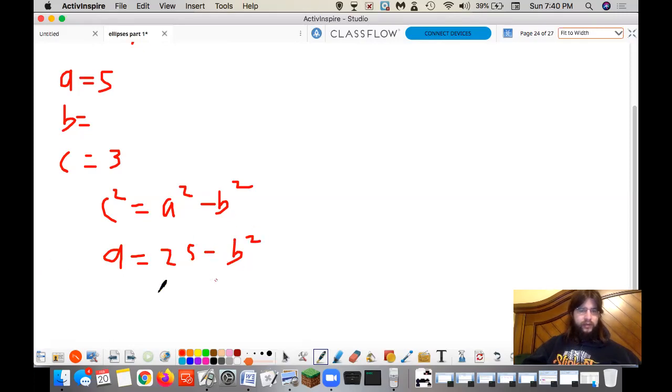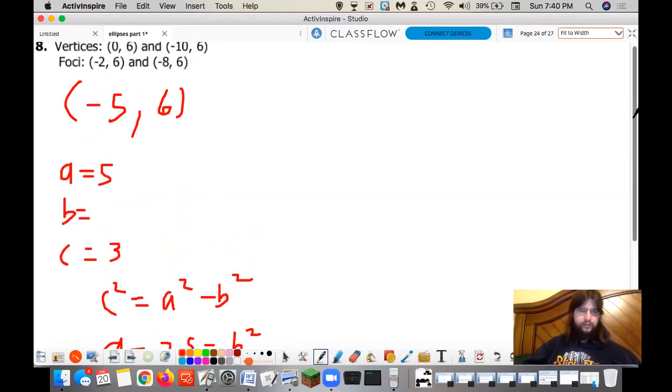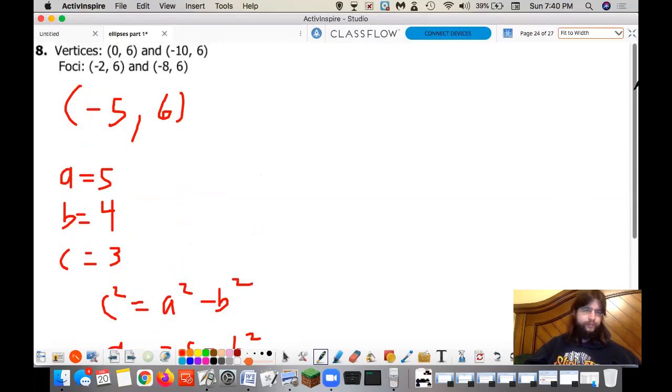Move that over, we get B squared equals 16, and sure enough, B is 4 units. So I could figure out my covertices now, but we already have our center. We have A, we have B, we don't need to find out our covertices. We can just write the equation.